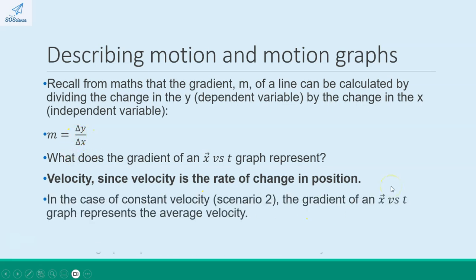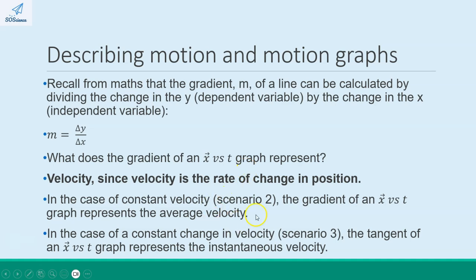Now we're going to bank the next 2 points because they apply to scenario 2 and scenario 3, and we are currently discussing scenario 1 for a stationary object. But in the case of a constant velocity, which we'll come to in scenario 2, the gradient of an x versus t graph represents average velocity.